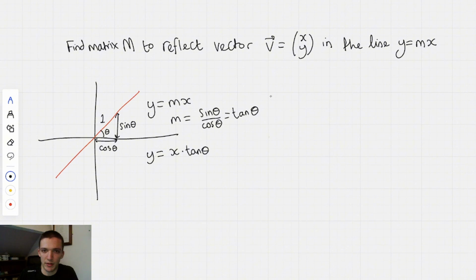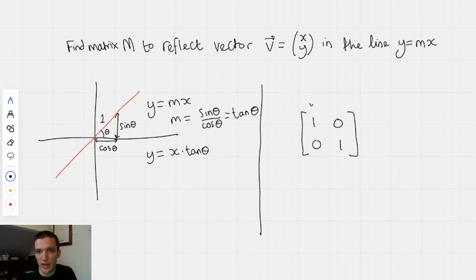Now the second thing we're going to need to know is that any matrix, and this is a matrix, like a grid of numbers in here, simply tells you what happens under transformation to the basis vector i hat, which is simply one unit in the x direction, like so. This is our i hat, and this here is what happens to our j hat, which is one unit in the y direction, like so.